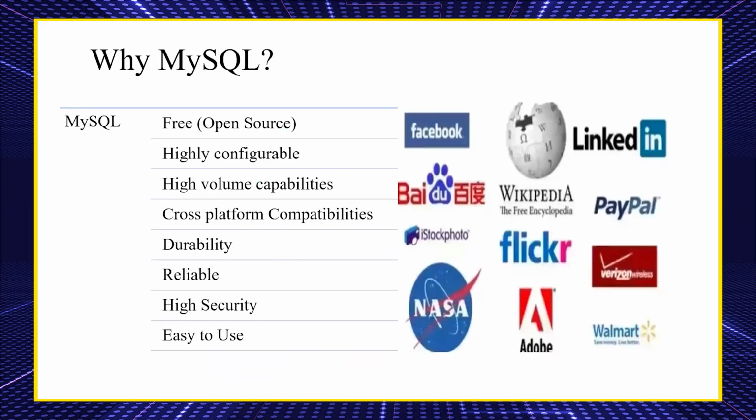Why MySQL? It is free, open source, and you can easily download it from the internet. It is highly configurable and highly secure. Configurable means you can easily configure it for a large or small volume of data, purely depending on your RAM. It is also high-volume capable and can handle large volumes of data.